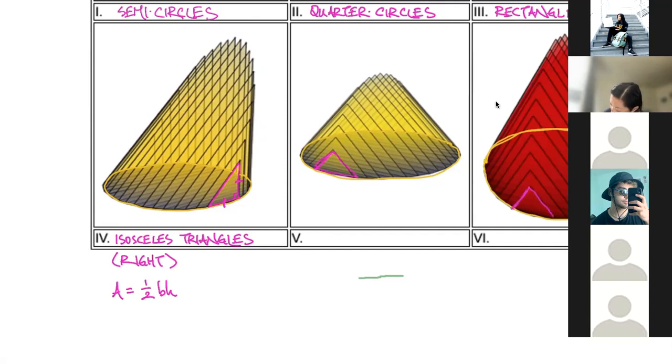Now, in both of these cases, do you think that the base goes all the way across, like the bottom of the triangle, does that go all the way across the base, or does it only go halfway across the base? For the pink triangles, all of those pink triangles, yeah, that base goes all the way across, okay?